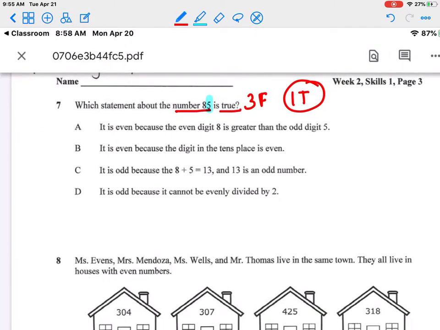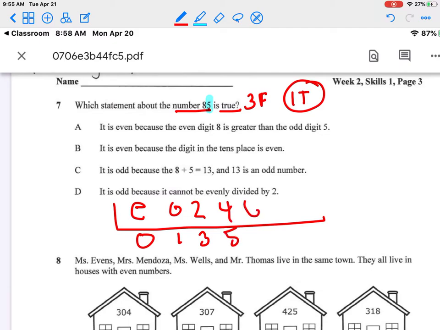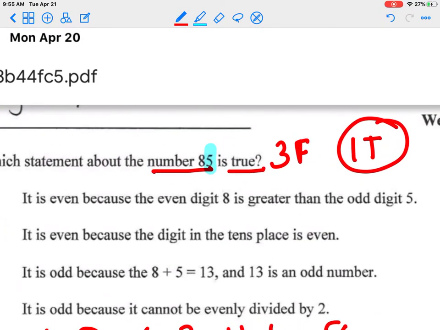So let me go ahead and write my Leo. 0, 1, 2, 3, 4, 5, 6, 7, 8, and 9. I look for my number 5 on my Leo, and it's odd. I know the number 85 is odd.